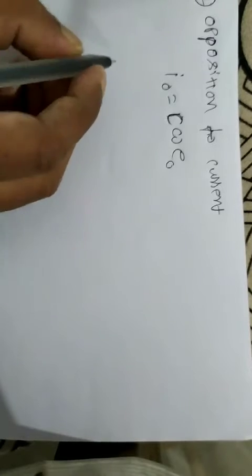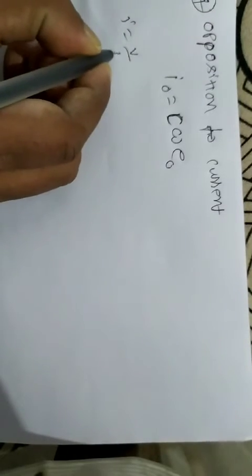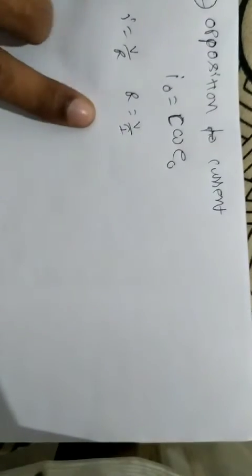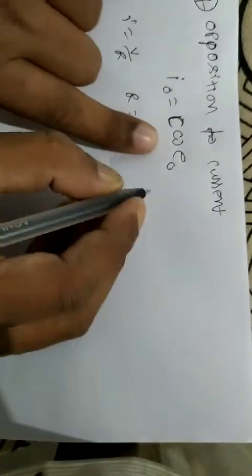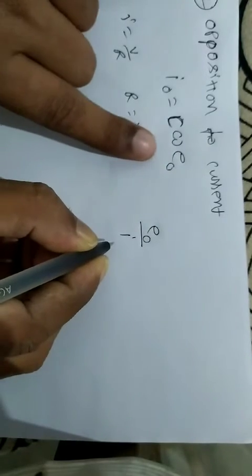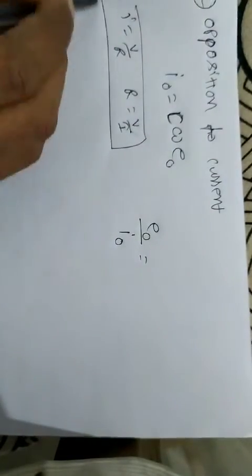Now for calculating resistance, we all know I is equal to V by R. So what will be R? R will be V by I. That means when we divide voltage by current, we will get resistance. Here see, if I take E naught by I naught, voltage by current, then what will be left in this equation?